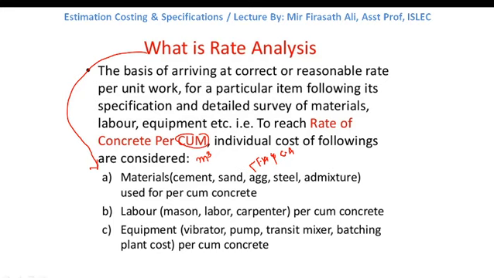As I explained earlier, rate analysis is finding out the amount and cost required per cubic meter of an item of work. It is carried out from the cost of quantities of material, cost of labor and other petty expenses.